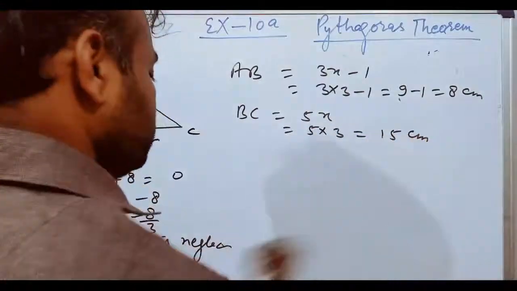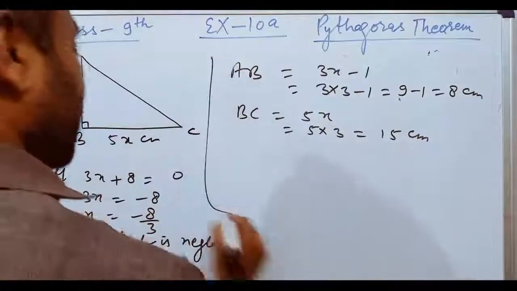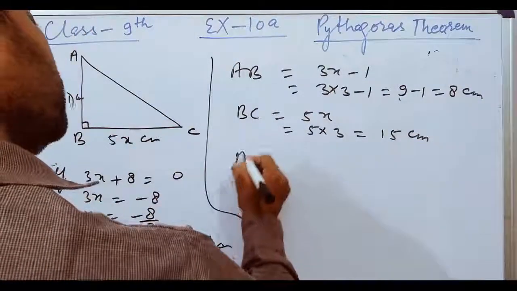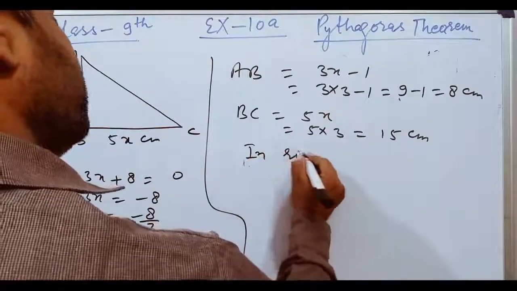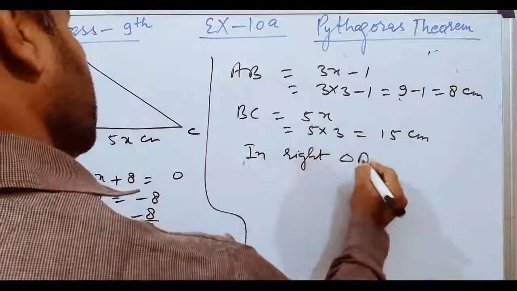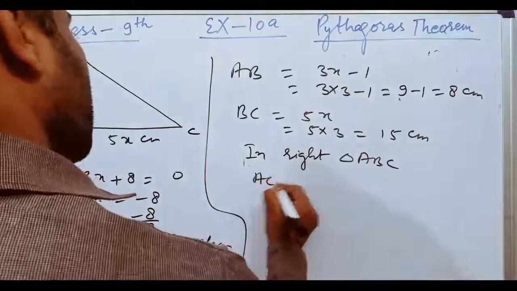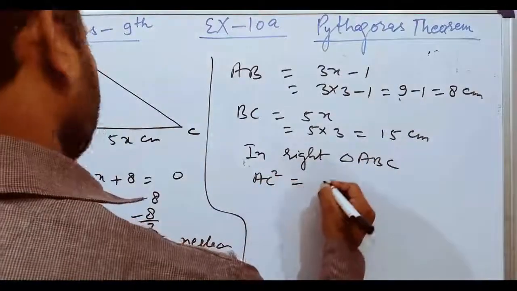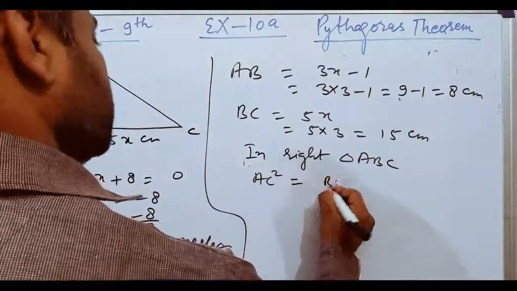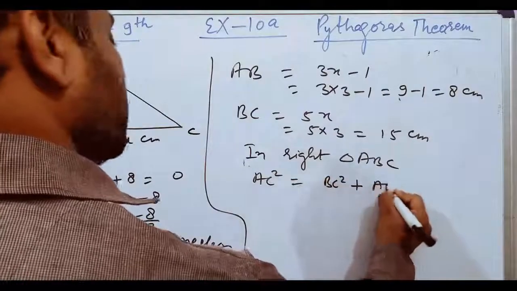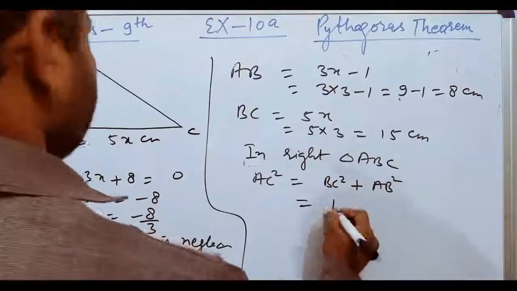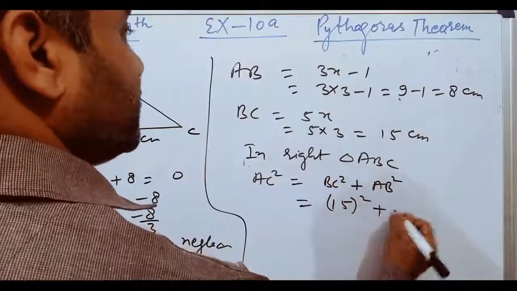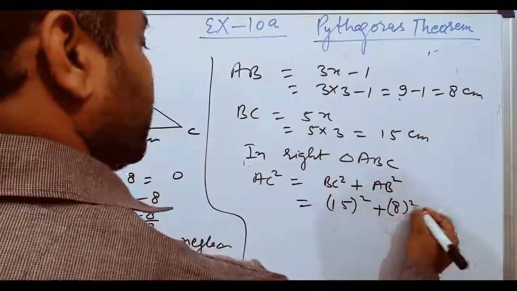Then we have to find hypotenuse. Hypotenuse square equal to, in right triangle ABC, hypotenuse square AC square equal to base square, BC square, plus perpendicular square, AB square. Base square means BC square means 15 whole square plus 8 whole square.